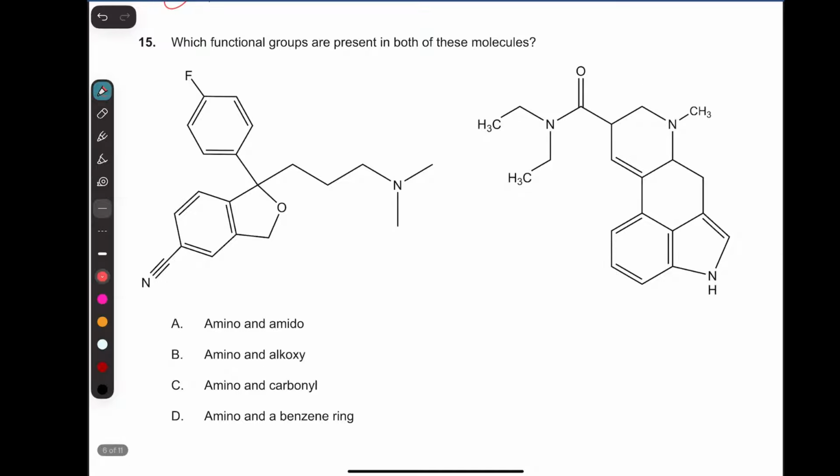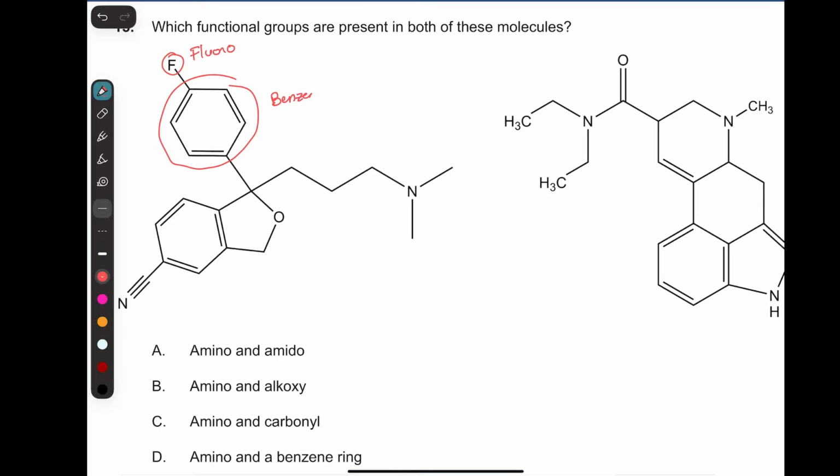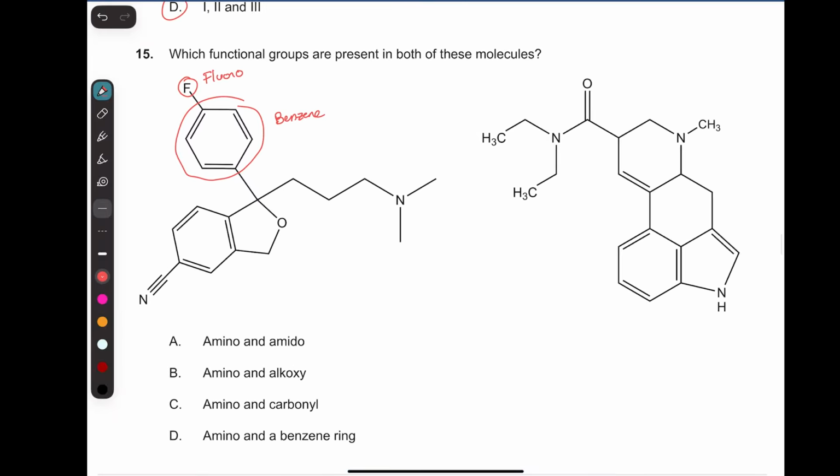Next, which functional groups are present in both these molecules? Let's try one by one. This is a fluoro group or a halogen group. This is benzene. Now this thing is amino, tertiary amino. This thing is ether. This thing is benzene again. And this is a cyano group, a cyanide group basically.